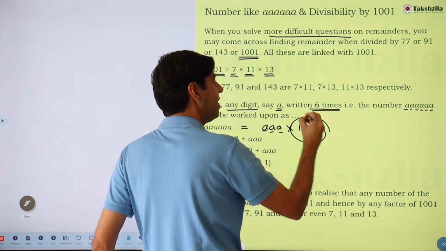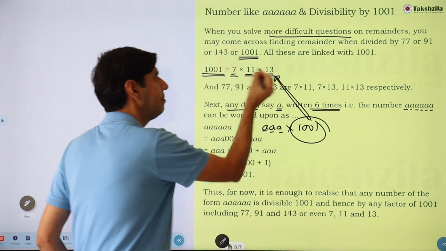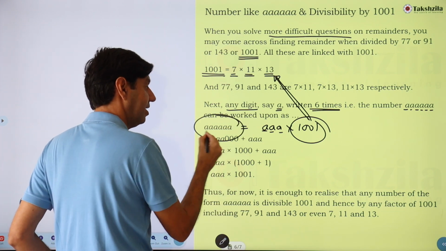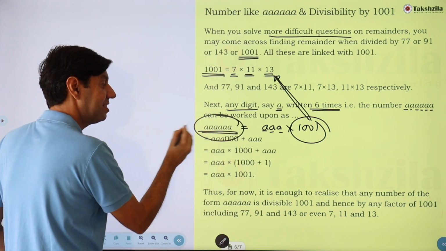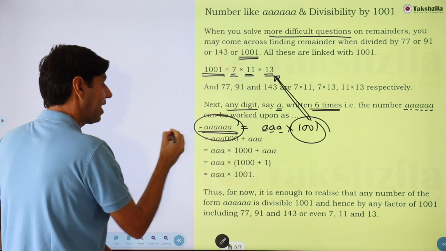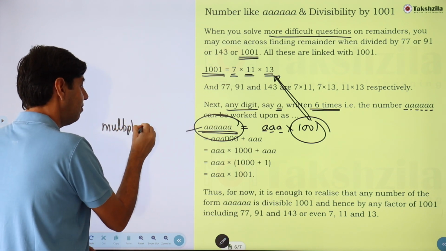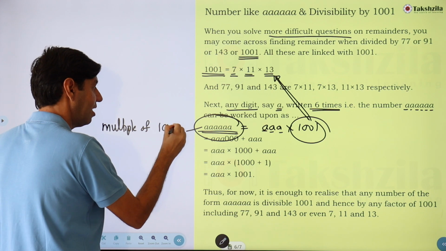And 1001 we know is a multiple of 7, 11 and 13. Hence this number, a digit repeated 6 times, is a multiple of 1001.